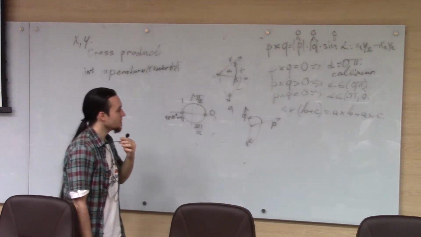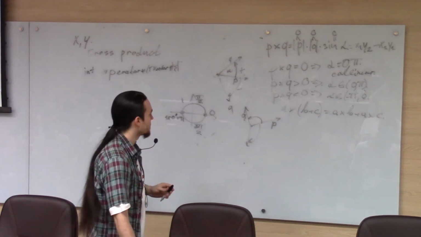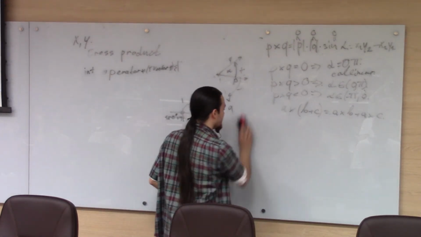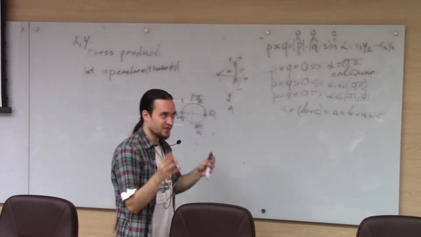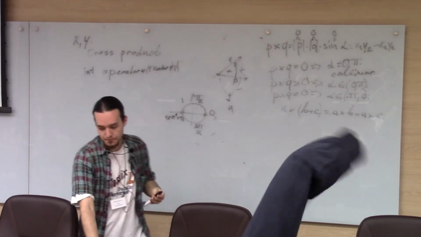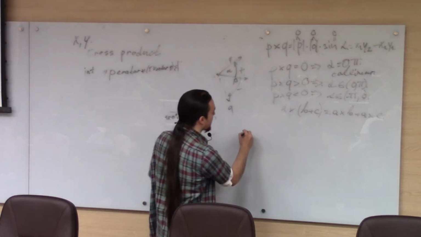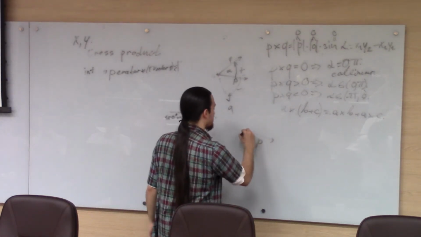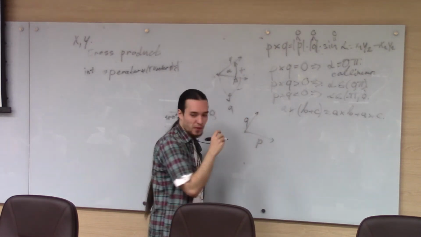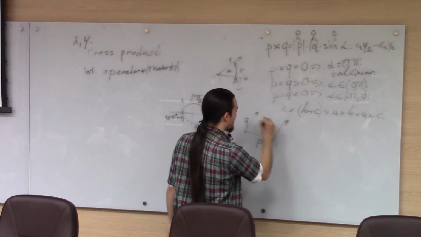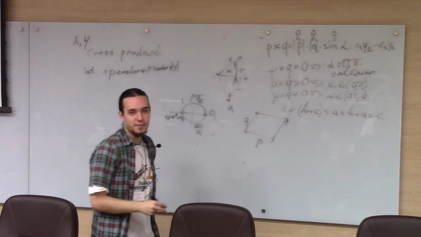So here we don't have 1/2, and we can give it an interpretation in terms of area. If we have two vectors, then we construct a parallelogram here, right?